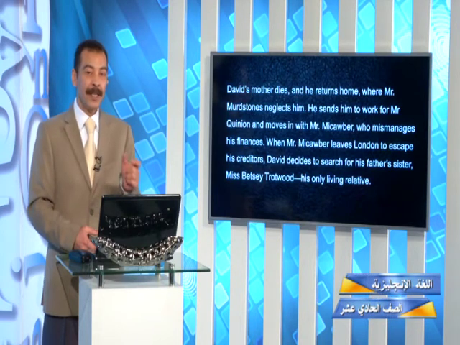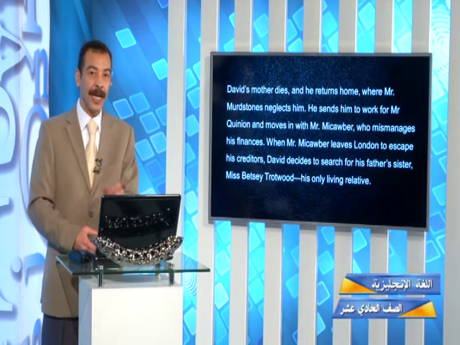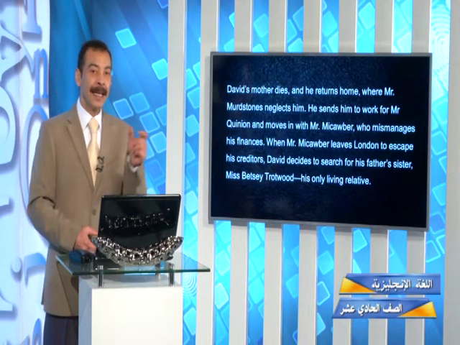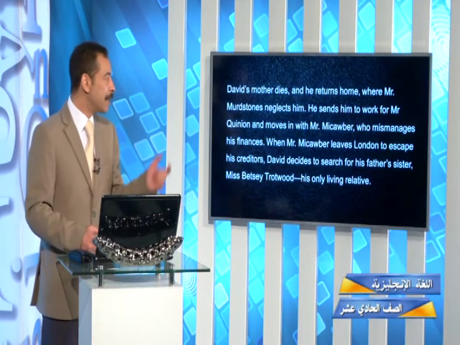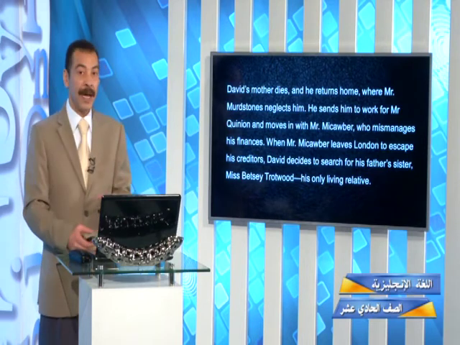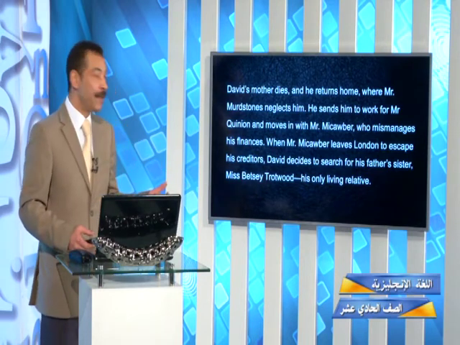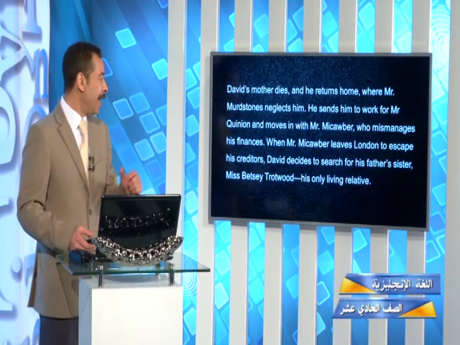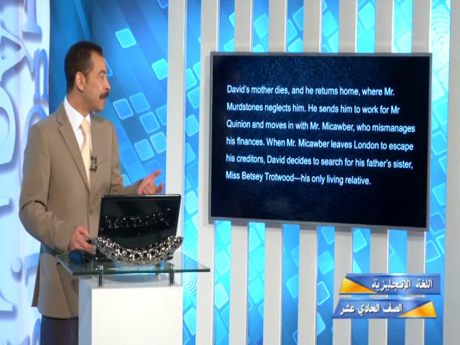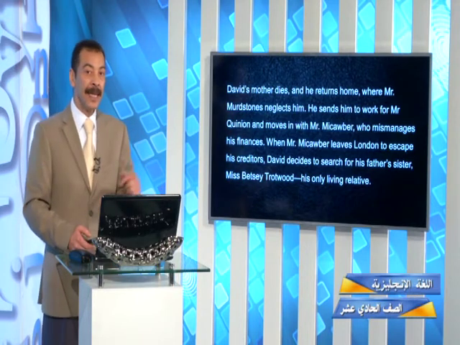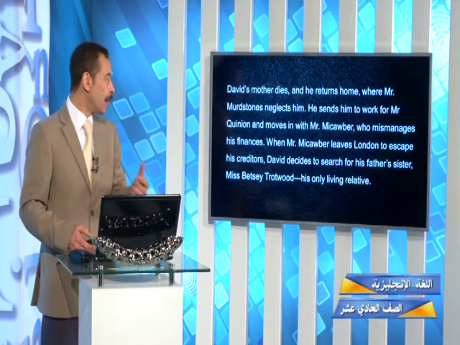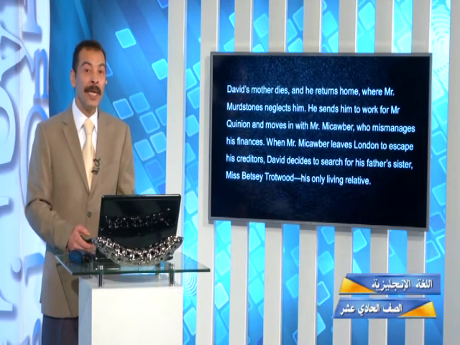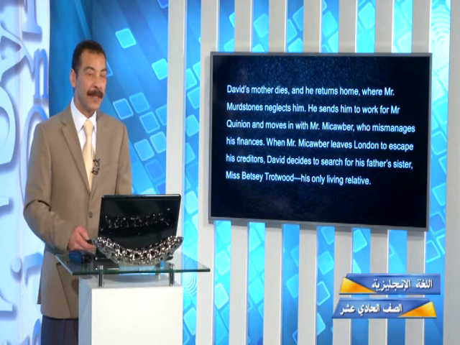So you see that the life of Charles Dickens is reflected in the story itself. So Mr. Micawber mismanages his finance, and David had to work the same as Dickens. And then when Mr. Micawber went to prison, David had to look for his aunt, the only living relative, which he did not see for many years.